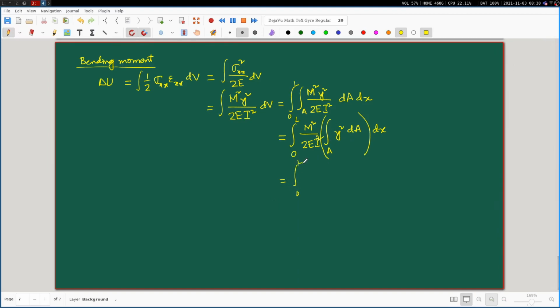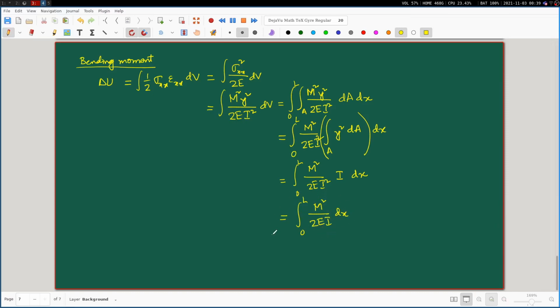So what I have now is M squared by twice E I squared times I, because this entire integration y squared dA, that is the I, times dx. So I end up with integration 0 to L M squared by twice EI dx.